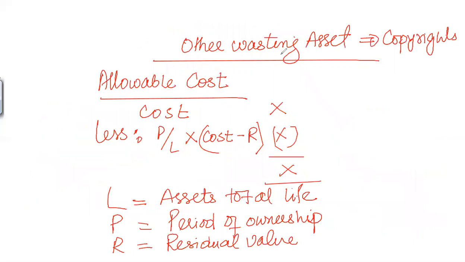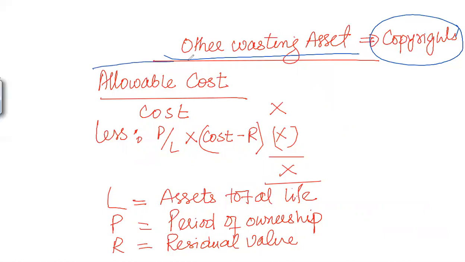Now, as far as the other assets are concerned, these are non-chattels, such as copyrights or intangible assets mostly. Normally these assets are depreciating over their life. So first of all, we have to identify how much is the cost related to the asset, that is the allowable cost.